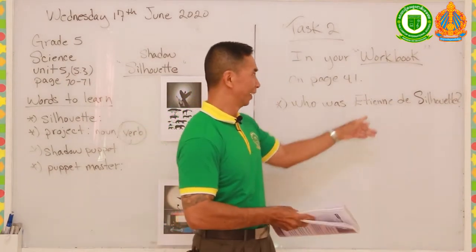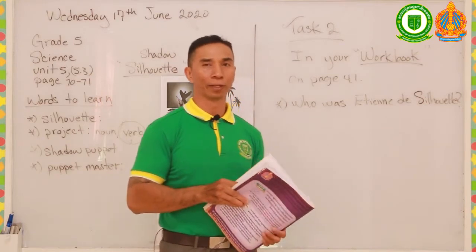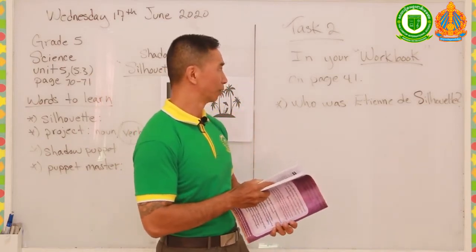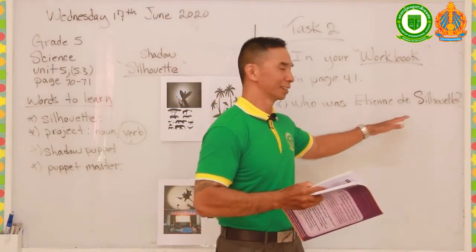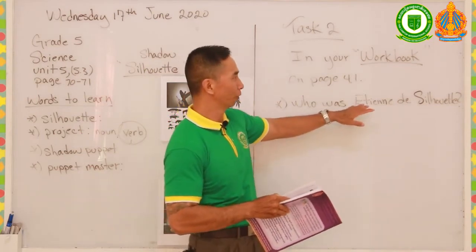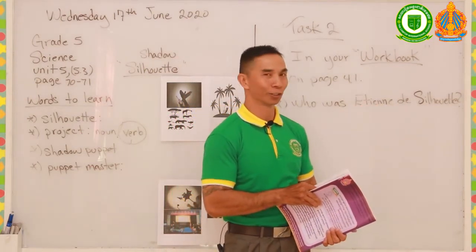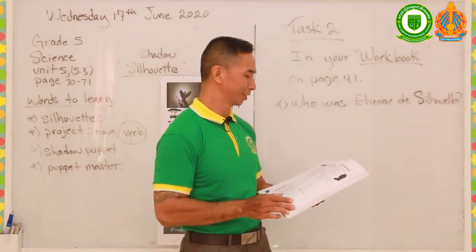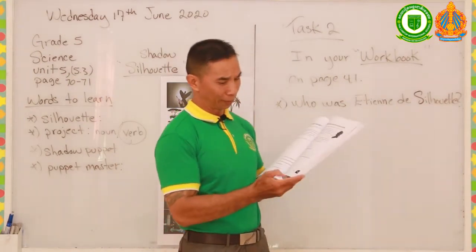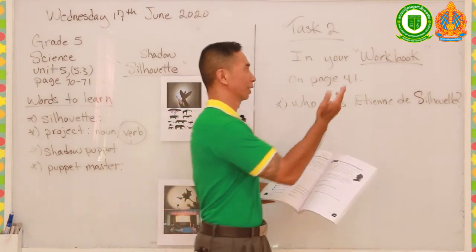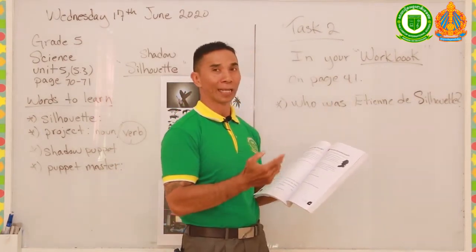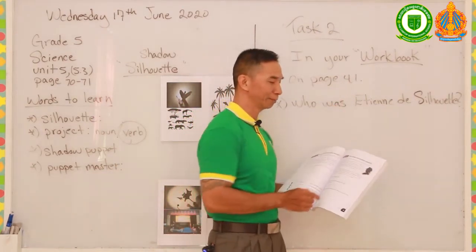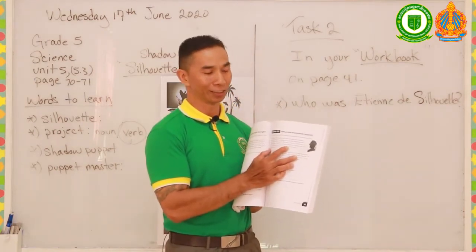But Etienne de Silhouette is a French person from a long time ago, and the name silhouette came from this name. But the French pronunciation might be a little different. Page 41 tells a story about why the word silhouette came about and why they used the name to mark a silhouette.